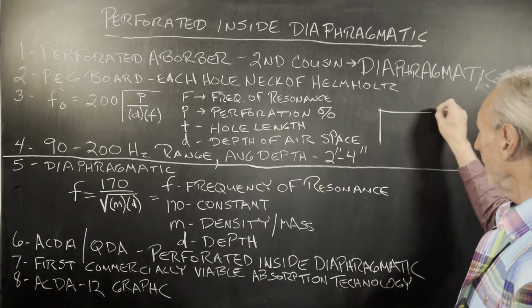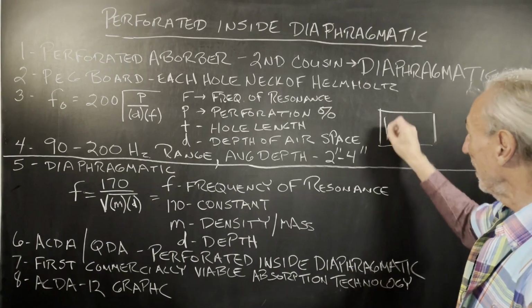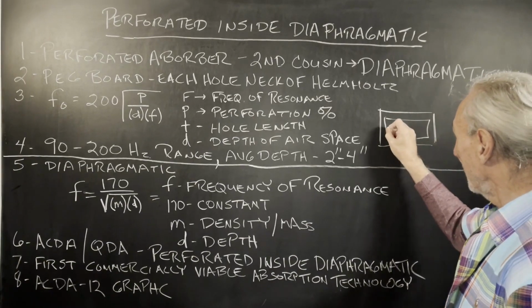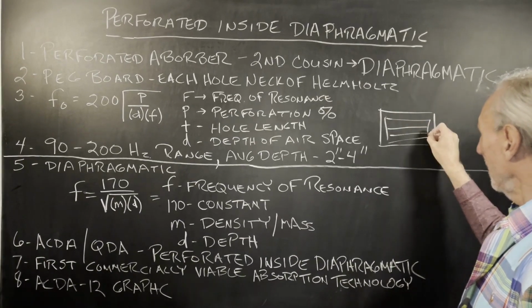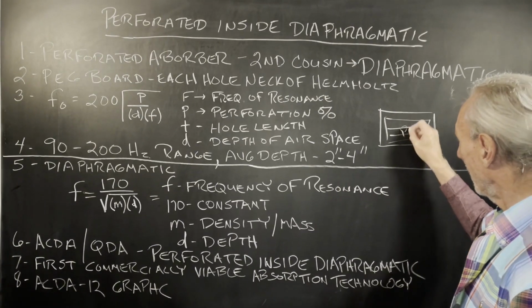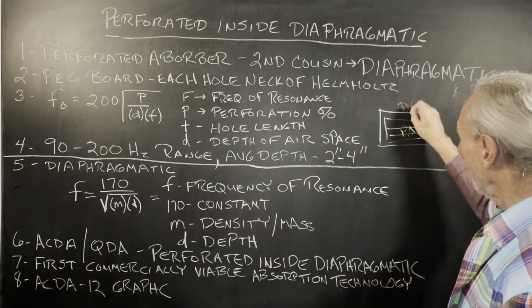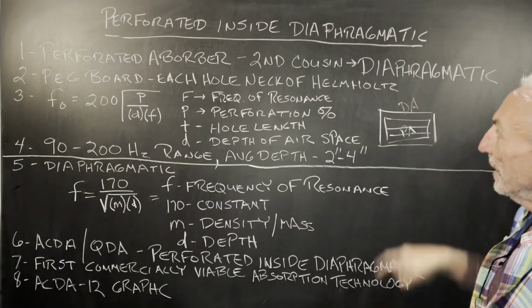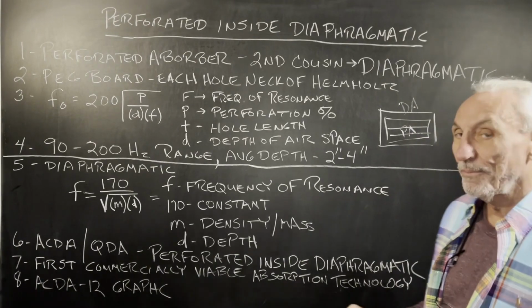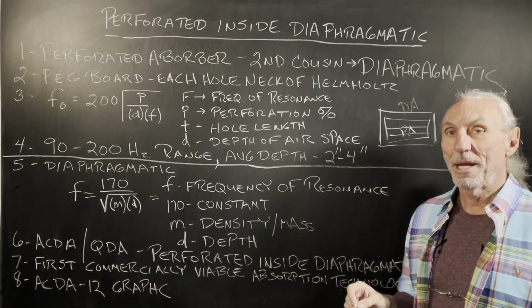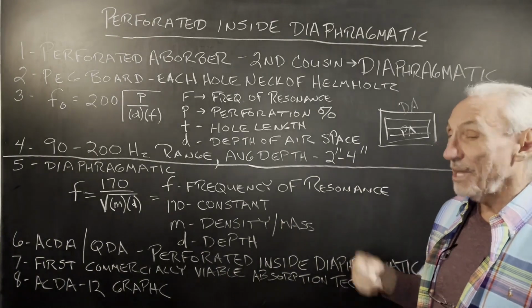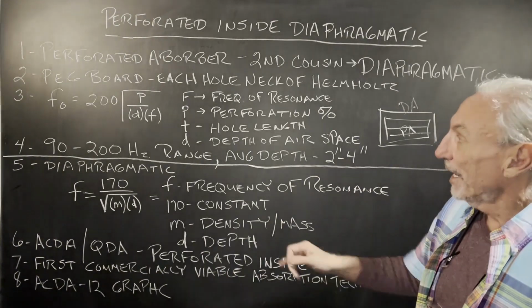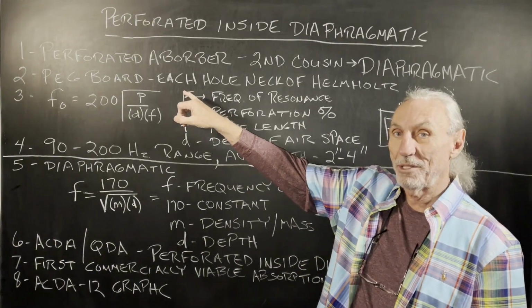If you look at a top view of the cabinet, this is the cabinet, and then inside is a perforated absorber. And this is a diaphragmatic absorber. So we have a perforated inside a diaphragmatic. The way to think about a perforated absorber, same way you think about diaphragmatic, except think about the face as pegboard.